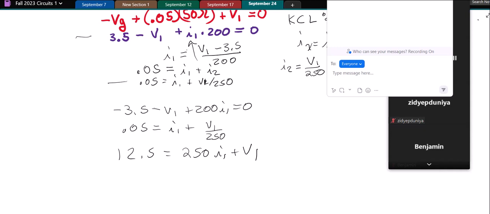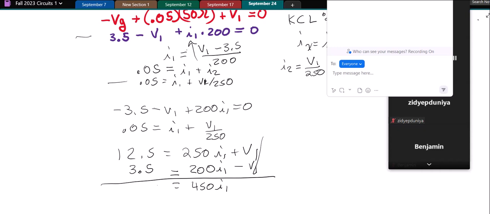That's the second equation. The top equation, if I take the 3.5 to the other side, I have 3.5 equals 200 I1 minus V1. Then I can add these together. My V1s cancel. I get 450 I1 equals 16.